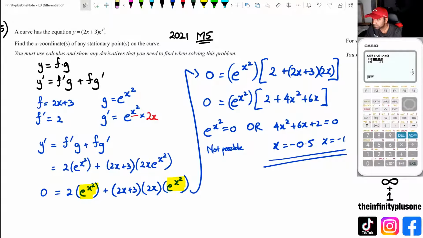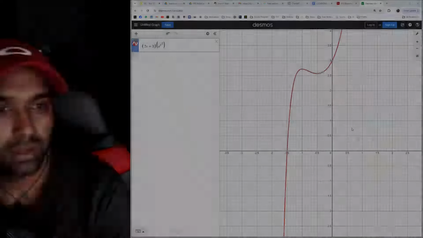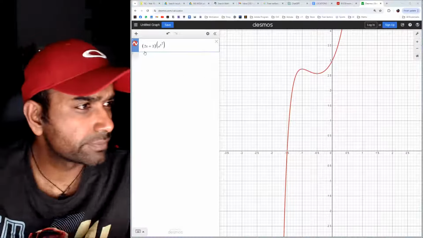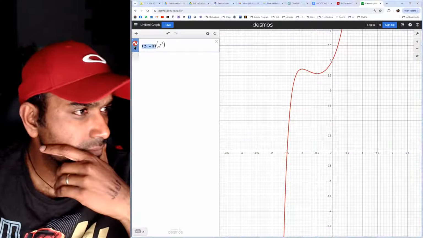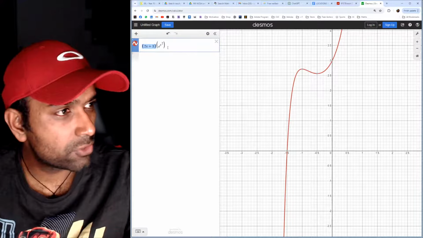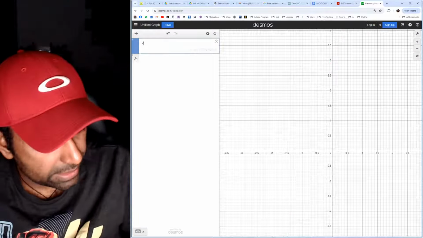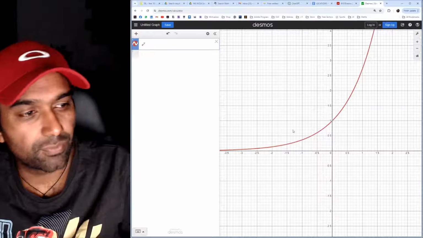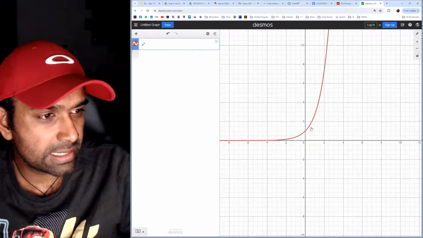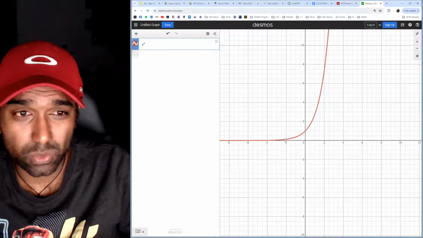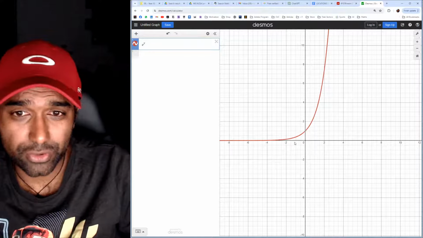The reason e of x squared equals 0 is not possible, let me just see if this is going to work or not. When I draw e of x, it looks like this, right? So e of x can never actually equal 0 because there's an asymptote right there.